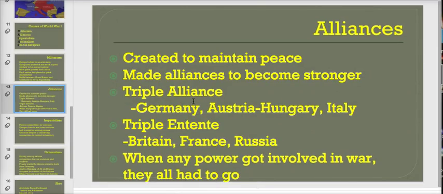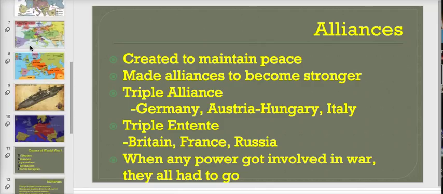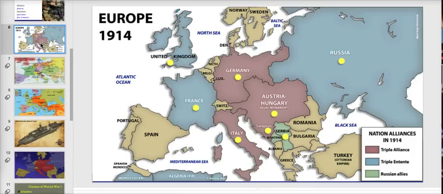Another cause of World War I is the alliance system. If we go back here, we can see that Europe has split into these alliances. You have the Triple Alliance, which is Germany, Austria-Hungary, and Italy. You have the Triple Entente, which is the United Kingdom, France, and Russia.